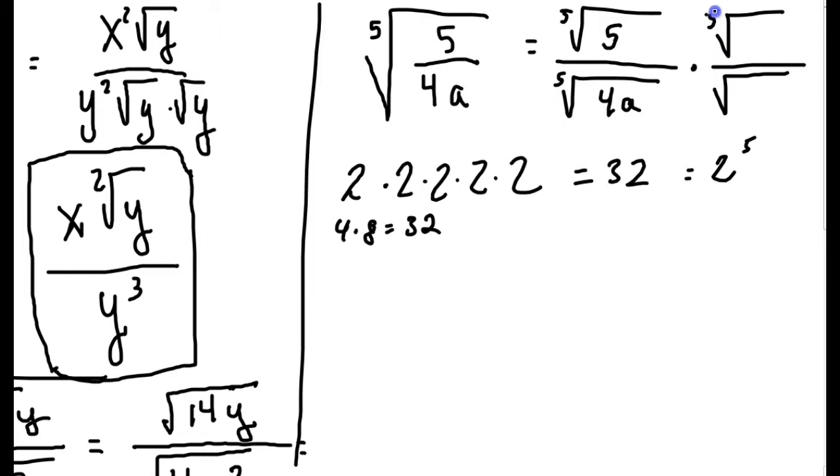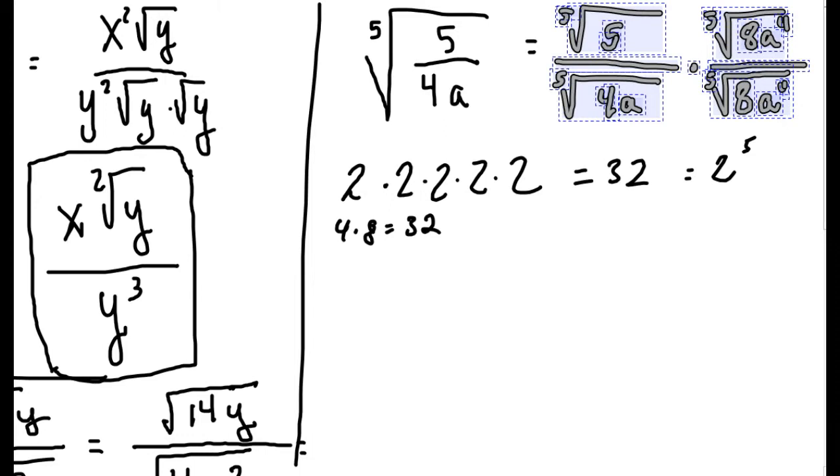And we have all agreed that the 4 times 8 gives us a number that has a base to the fifth power. So we said 8, and we said a to the fourth. Okay, so if we multiply our numerator and denominator by the fifth root of a to the fourth, let's see what happens.